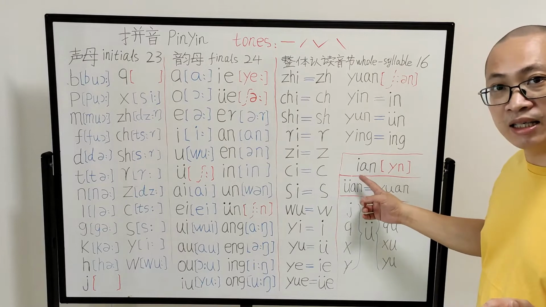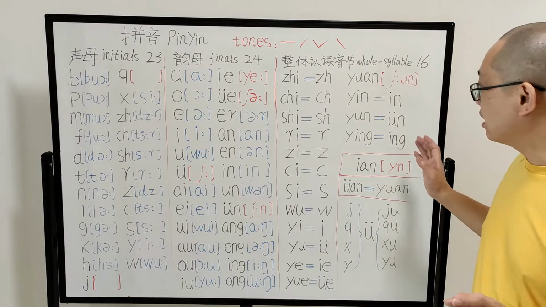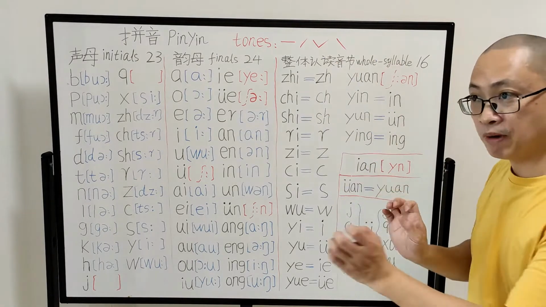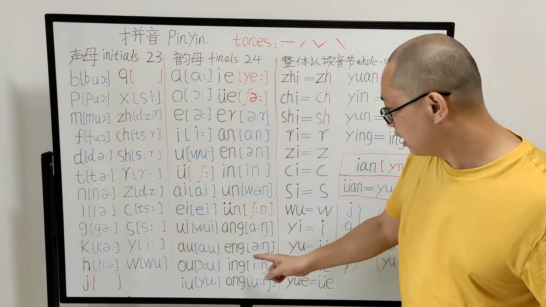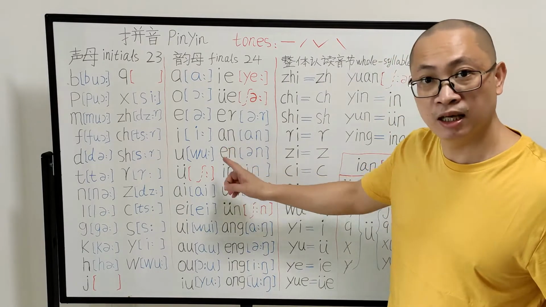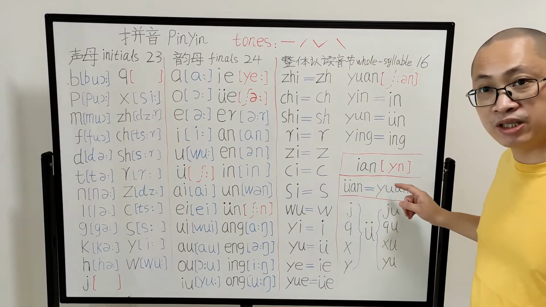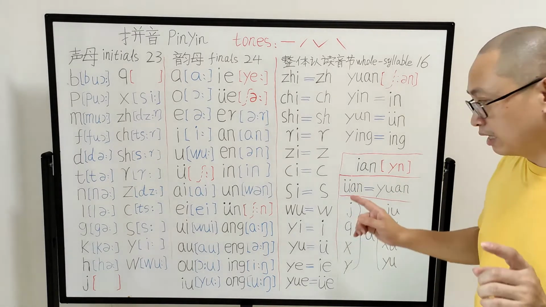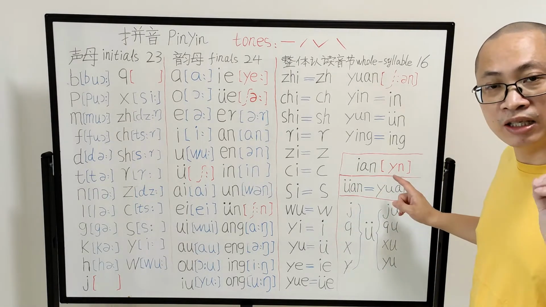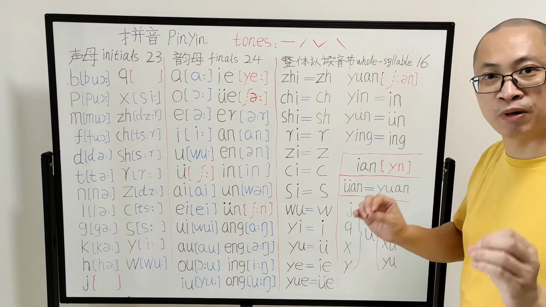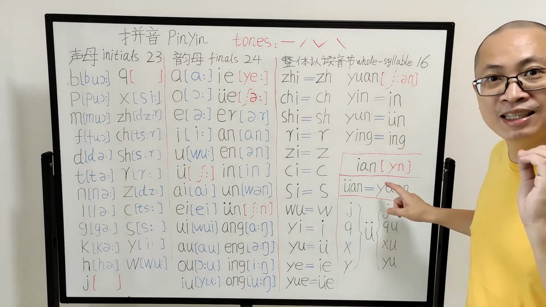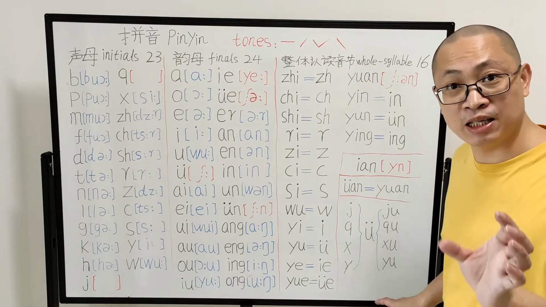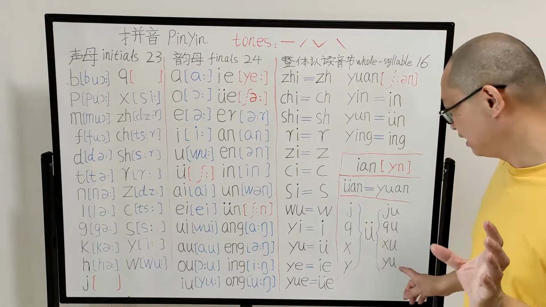This IAN is not belong to this whole syllable. It's spelled by E and an, but the voice is yen, not yang. No, it's yen, yen. It is another special case. Yen, yen.